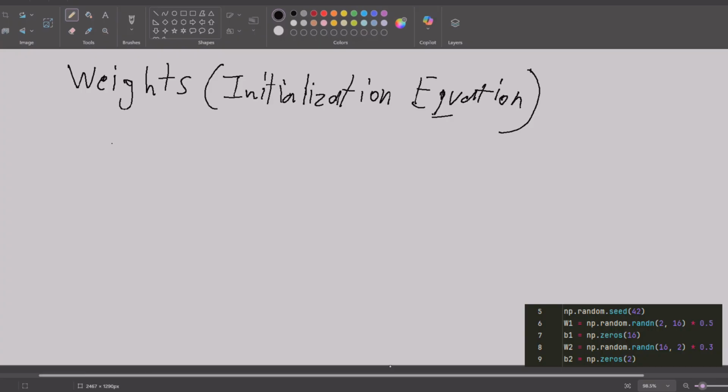Okay, so now let's talk about what weights are. We can basically consider weights to be the knobs of the brain. In this case, we represent weights with the initialization equation.